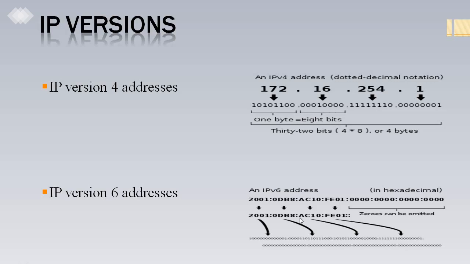So you apply your binary numbers and convert them into hexadecimal form. You can easily convert and find out that 172 relates to IP version 4.